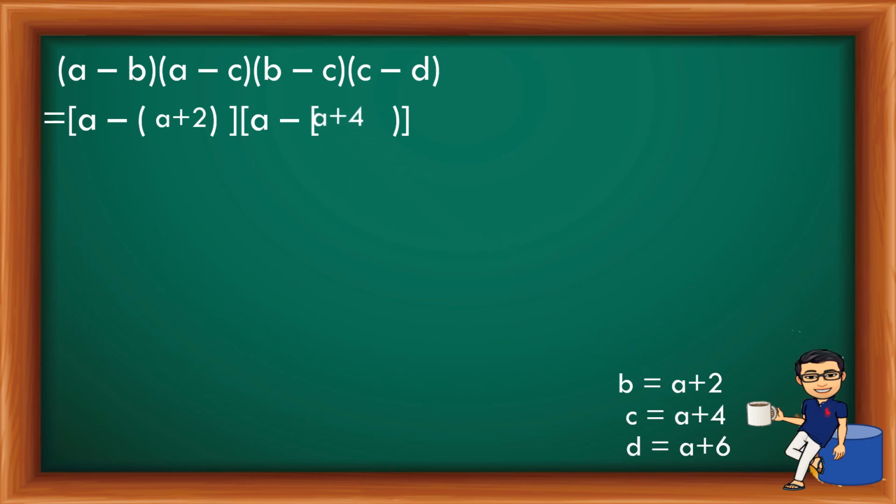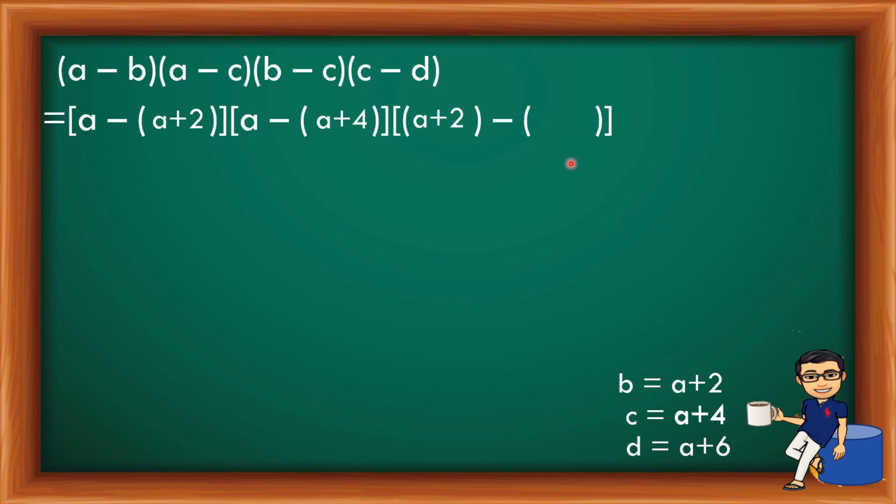Then we are going to substitute the value of B here and C here. And again, the representation of B is A plus 2. Therefore, this side will be A plus 2. On the other hand, we are going to substitute the representation of C here. And C, as represented a while ago, is A plus 4.